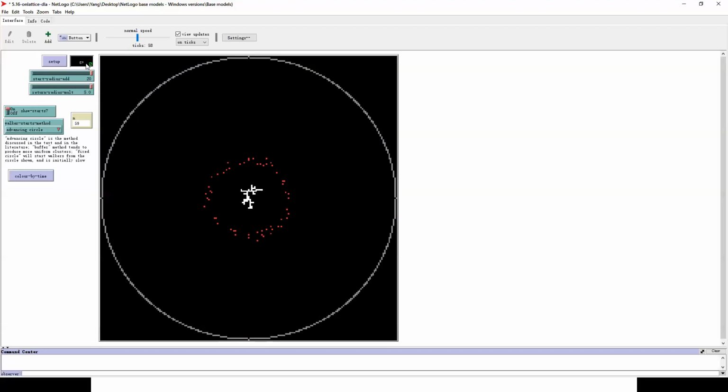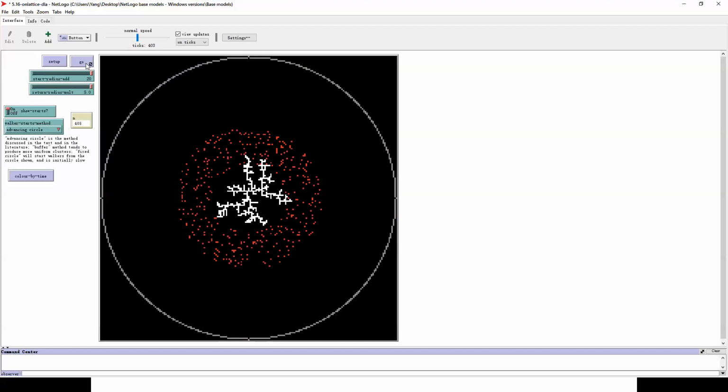Okay, if we continue to let it run, you can see that more and more new workers are released around the cluster, and they are trying to touch the cluster and occupy and die. So another worker can be released. Some workers are now dead workers, right?